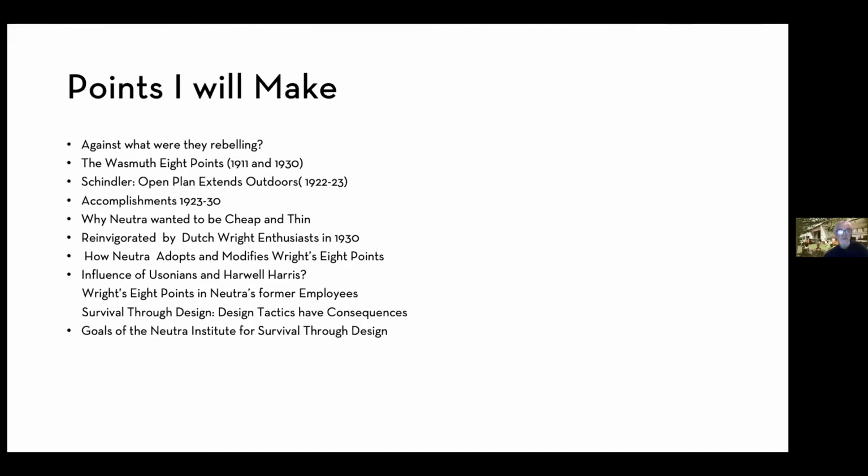The points I will be making: what were the modernists, including Wright, rebelling against? What were the 8 points that he exemplified in the Wasmuth and Kahn lectures?